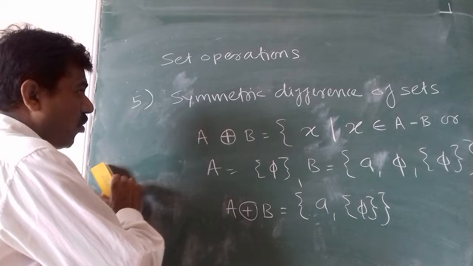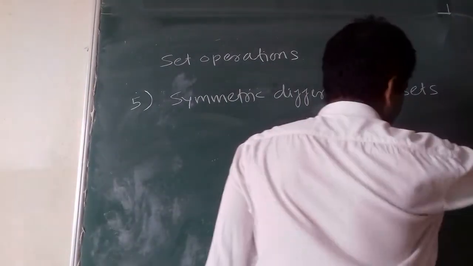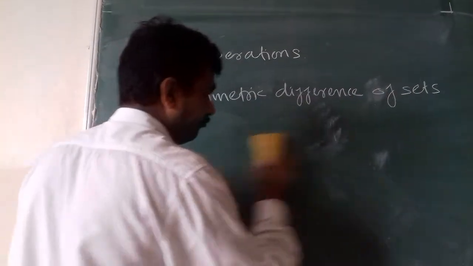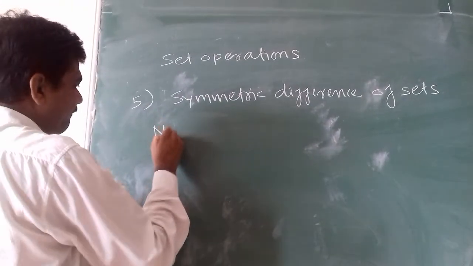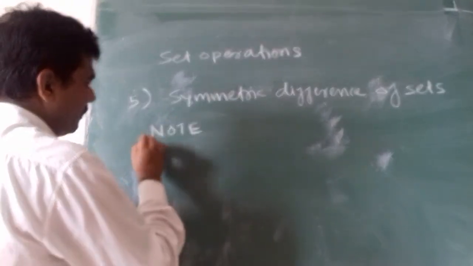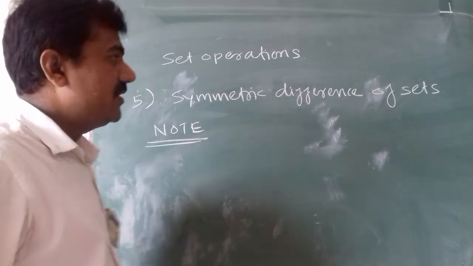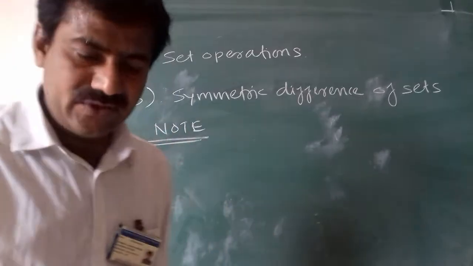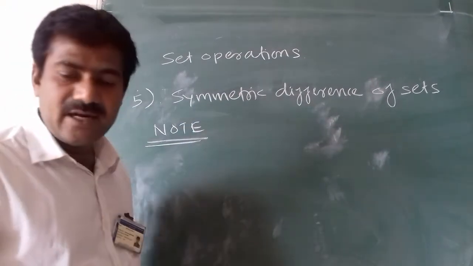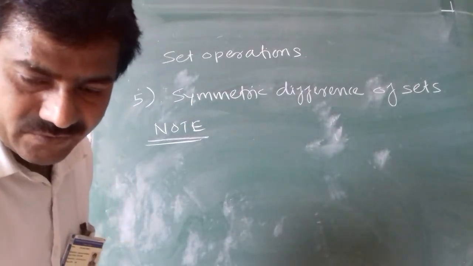Now we will see the properties of symmetric difference. In symmetric difference, if you observe, the common elements between the sets we remove, and the rest of the elements will be the symmetric difference of the sets.